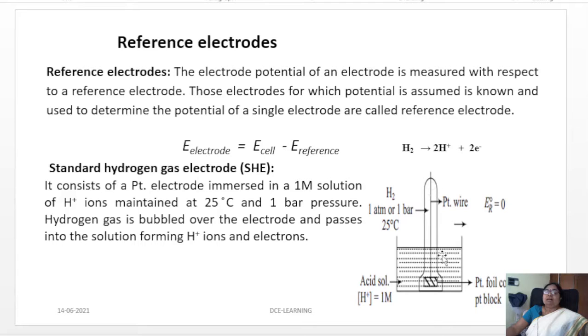It is maintained at 25 degrees centigrade and 1 bar pressure. Hydrogen gas is bubbled over the electrode continuously, and it passes into the solution forming H plus ions and electrons, and only then does it act as a hydrogen gas electrode.